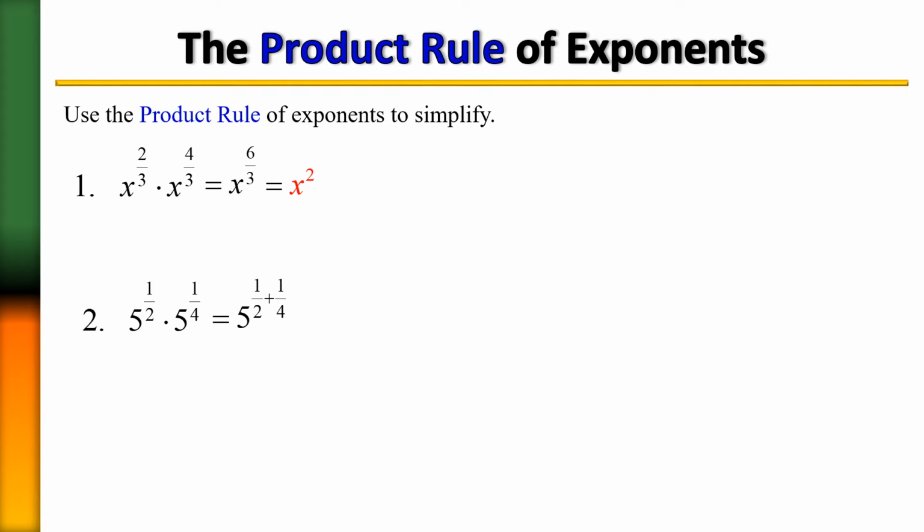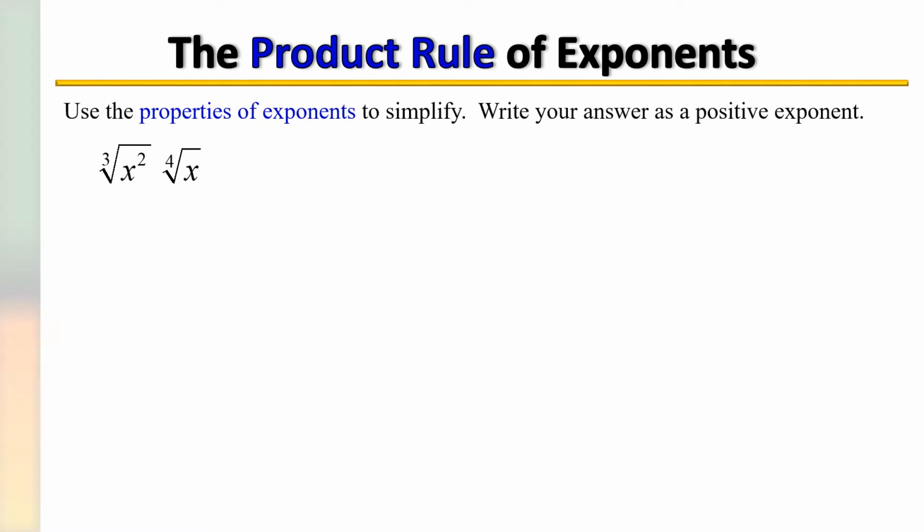On that first fraction, if you multiply both the top and the bottom by 2, then they both will have a denominator of 4. When you finish computing that, you're going to have 3/4. So your answer is 5 raised to the 3/4 power. So this is the product rule.